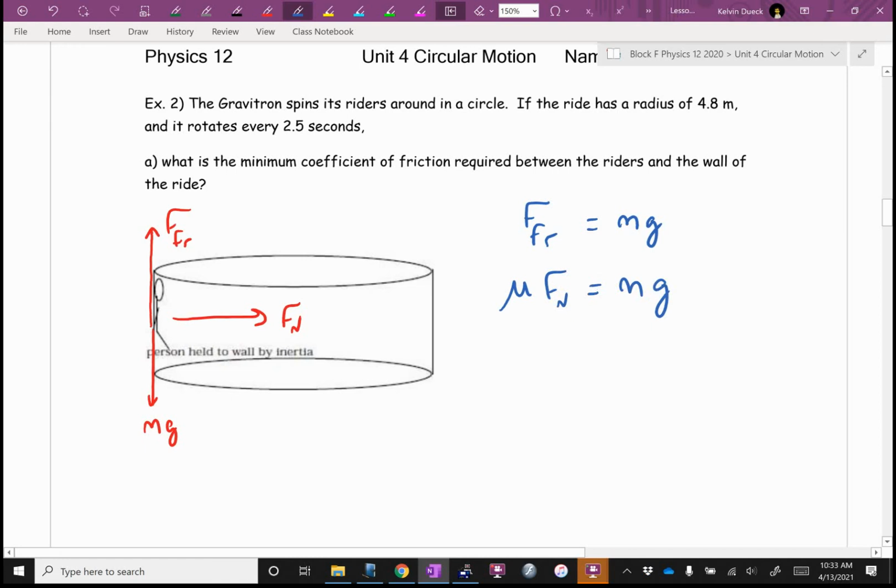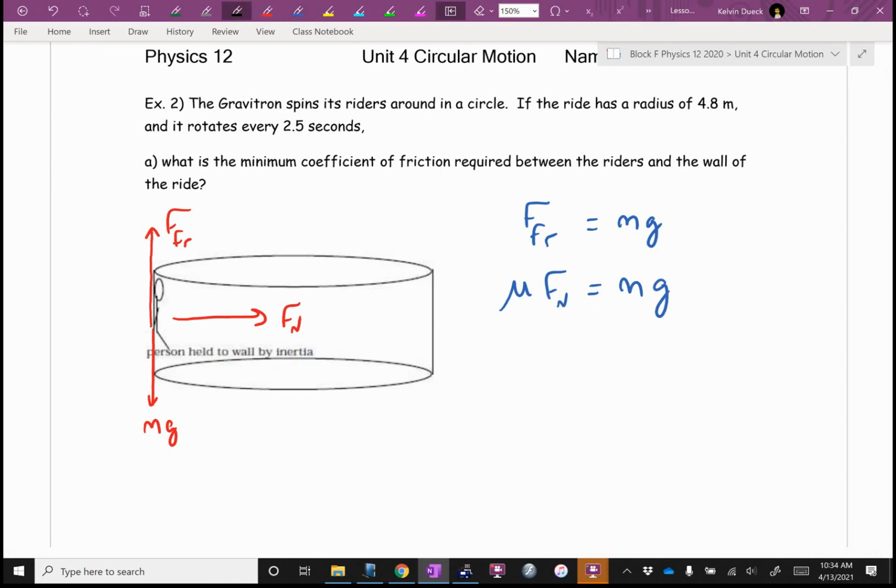Is the normal force equal to mg here? No, it's not even in the same direction. I don't know the normal force. Or do I? What path are we tracing out?